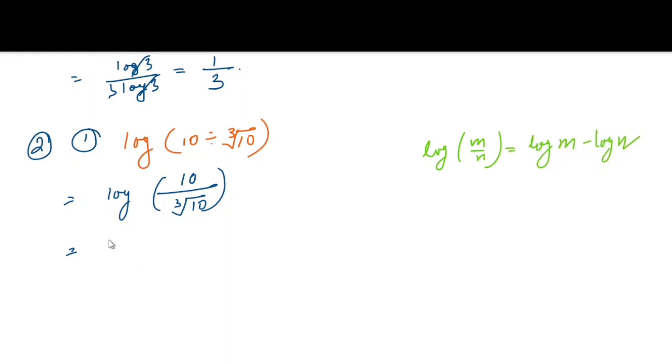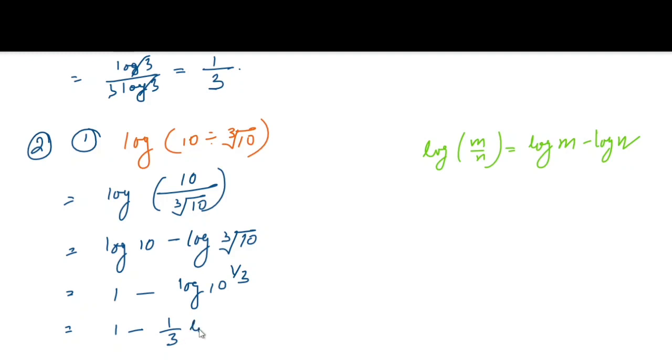We'll use that formula here, so we write log 10 minus log of this. Log 10 is 1, minus this one, which is actually log 10 to the power 1 by 3, so 1 minus 1 by 3 log 10. This can be written as 1 minus 1 by 3 into 1. So it is 1 minus 1 by 3, which equals 2 by 3, and that is the final answer. Like this we are going to solve all the problems. Next one.